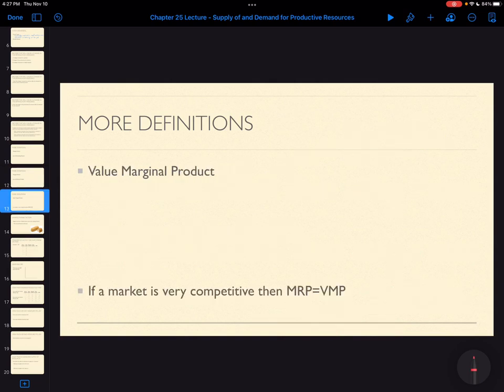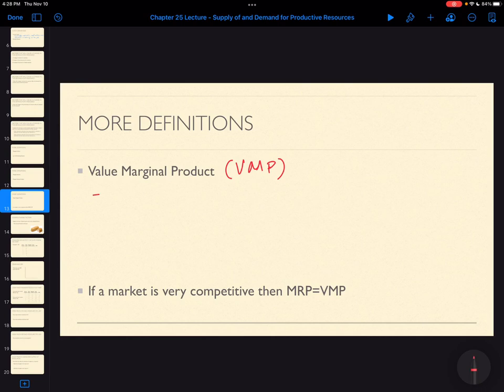This leads us to the last definition, which is value marginal product. We abbreviate this with VMP. This is very similar to marginal revenue product, but in some instances it can be a little different.